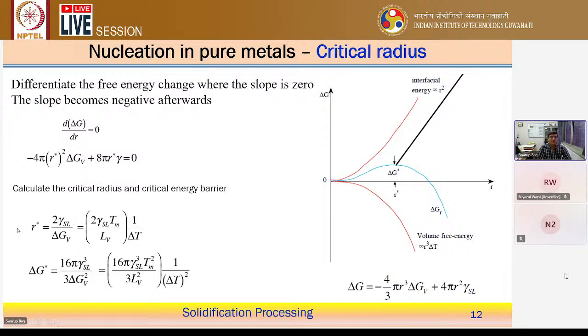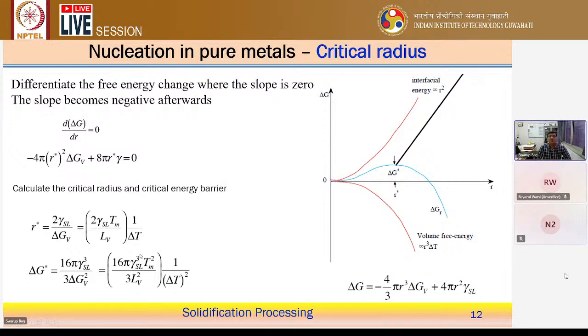The critical size of the nucleus depends on the surface energy required for creating the new surface, and on ΔGV, the volume free energy change. That ratio indicates the critical size of the nucleus.